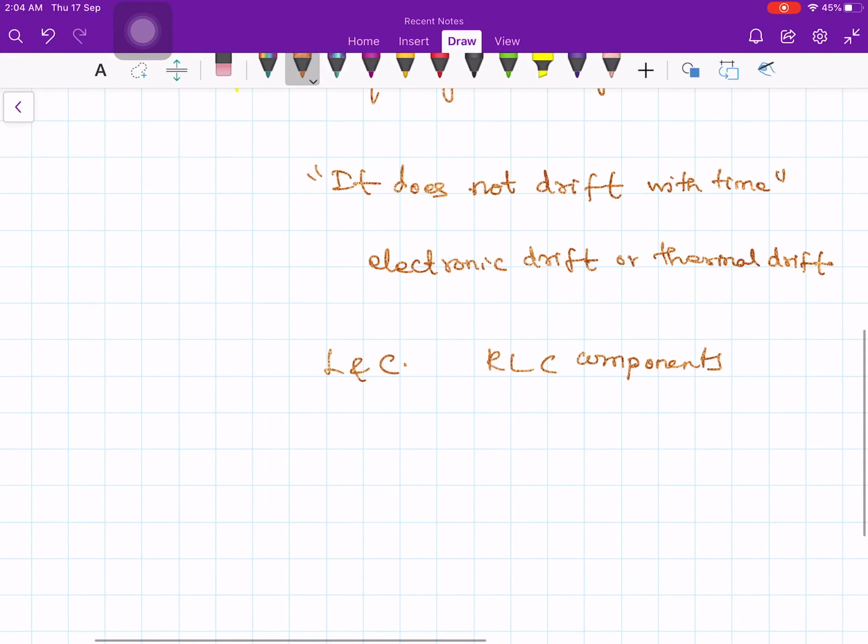The RLC components themselves keep on varying if there is a temperature variation, and that leads to a drift in the frequency, that is, the center frequency of the oscillation, and that is not desirable in any electronic system.